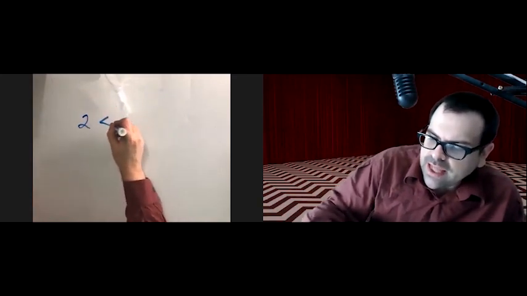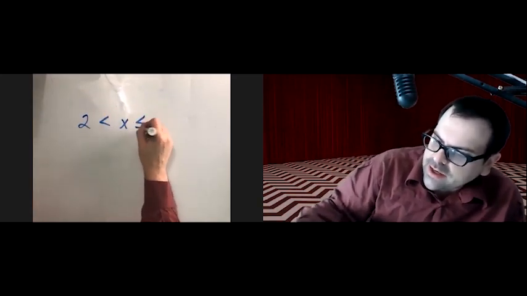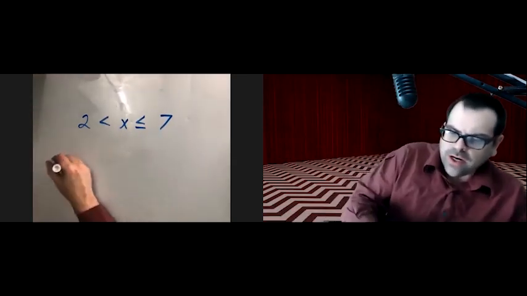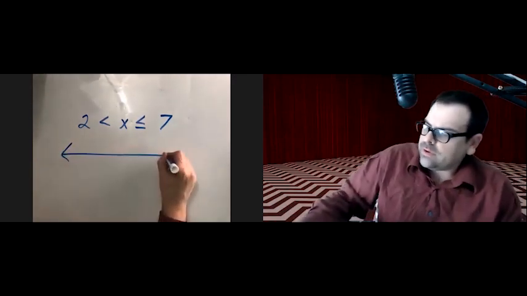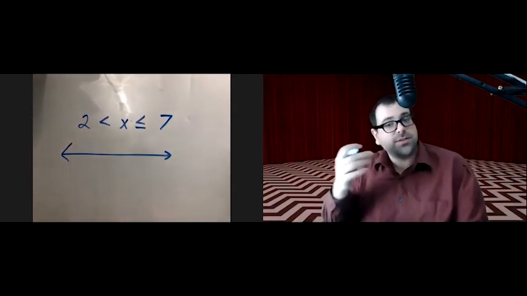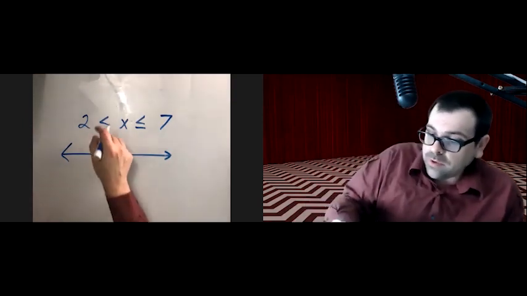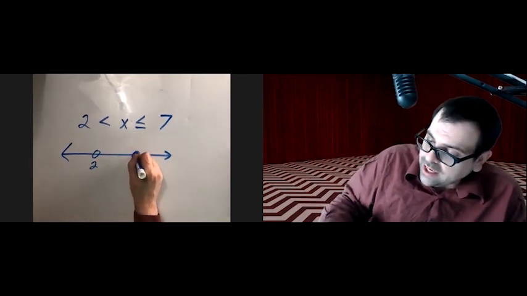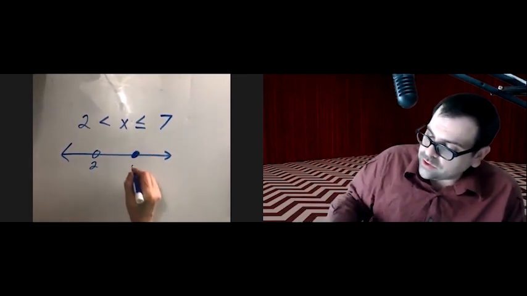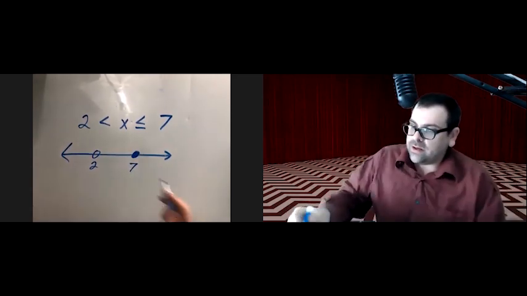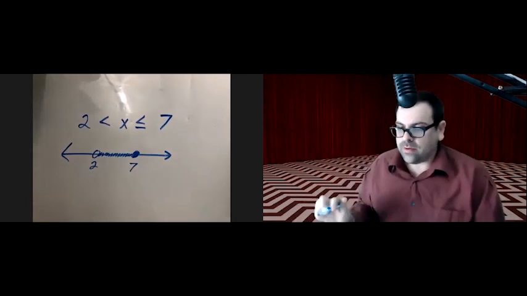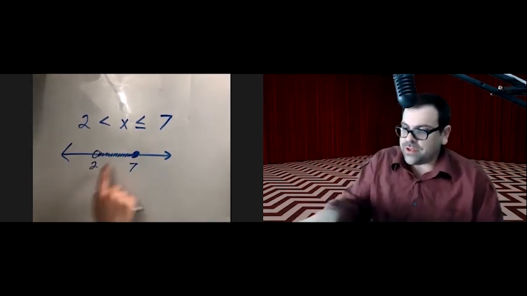Let's say we had 2 is less than X is less than or equal to 7. On a number line, if we just used our open circles and closed circles, we would have an open circle at 2. We would have a filled in closed circle at 7, and X, the shading, would be everything in between, but not equal to the 2.